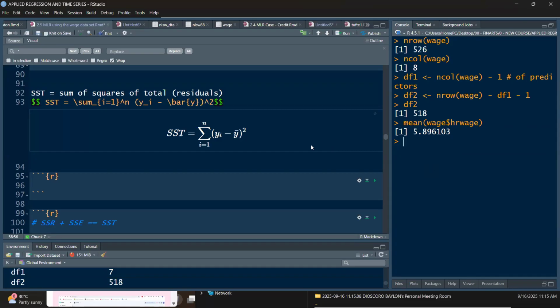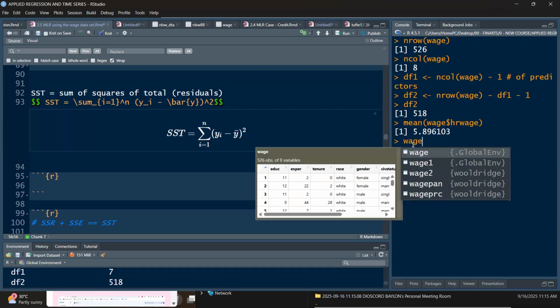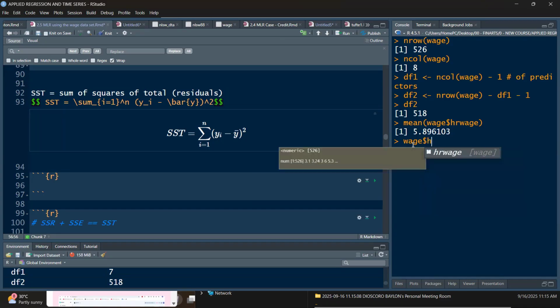So let's take a look at the errors. If we're going to use the mean, what will be the total errors, class? For example, what will be your wage dollar, hourly wage, and just get the first one.